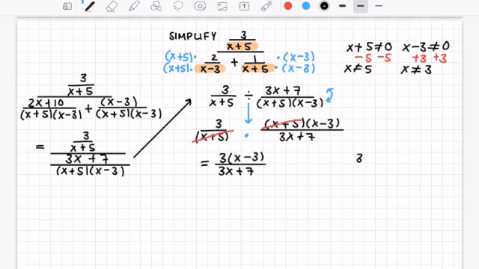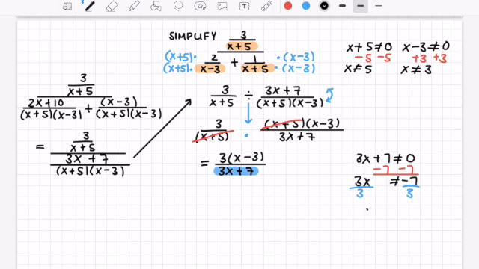If I look at my simplified domain over here, it says 3x plus 7 cannot equal 0. So solve for x. It's definitely not going to be overlapping with our original domains, because we get negative 7 dividing. That's not going to help at all.